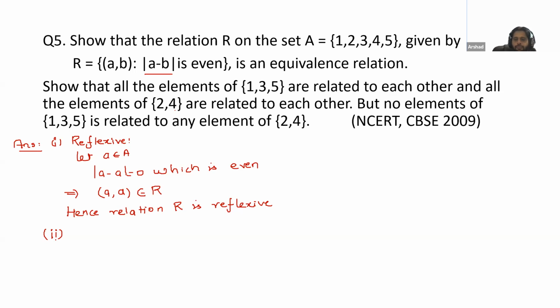What is reflexive? The same element should be related to itself. So what we have done here is assume a value from the set A and find its difference. We will always get a 0. For example, if you take 1, 1, 2, 2, 3, 3, 4, 4, 5, 5, you will always get 0, which is an even number. So that's why this is reflexive.